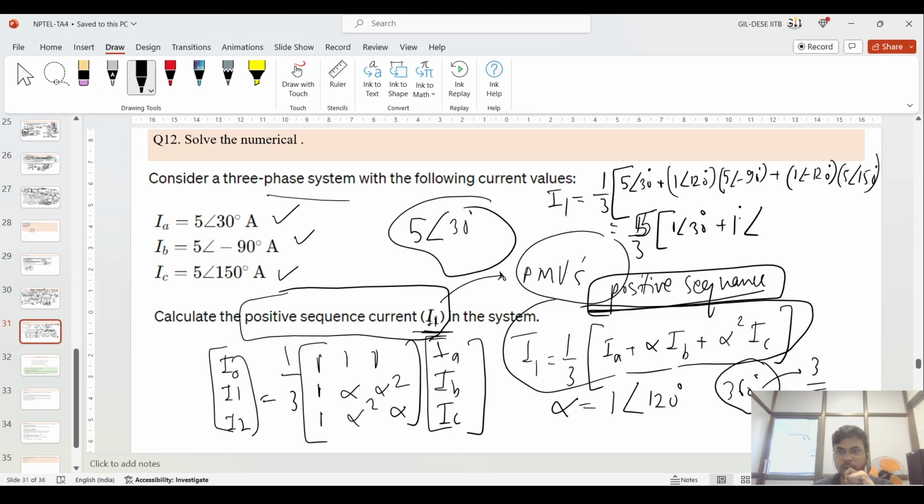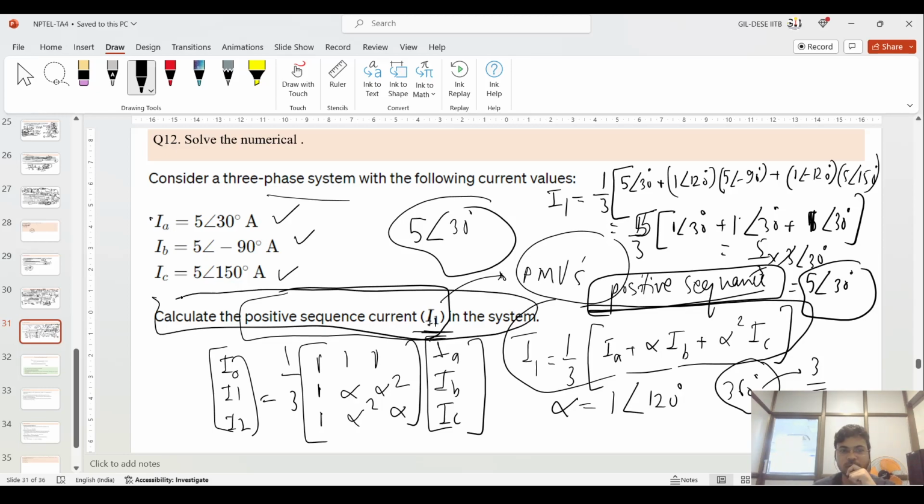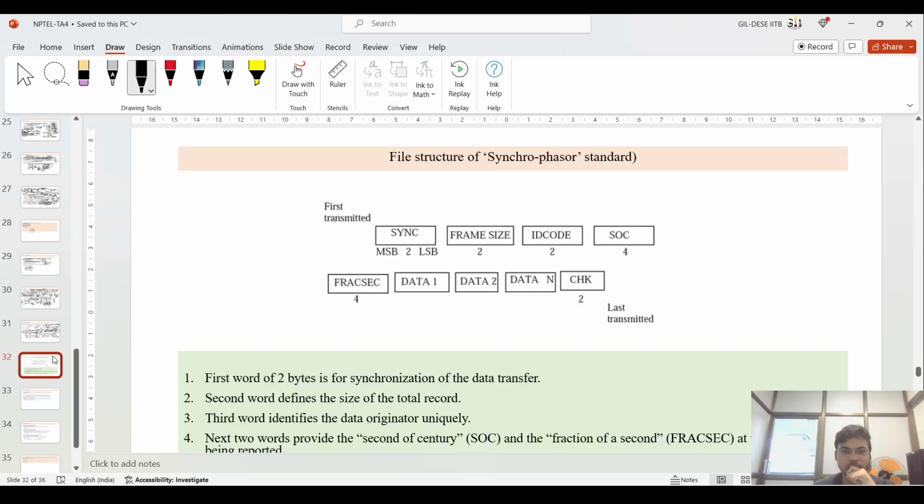If you solve this, 1 by 3, this 5 will come outside. This 1 angle 30 degrees plus 1 angle 30 degrees plus 1 angle 30 degrees, it will come out to be 5 by 3 multiplied by 3 angle 30 degrees, 3 cancels out, 5 angle 30. So 5 angle 30 degrees is the correct answer for this I1.